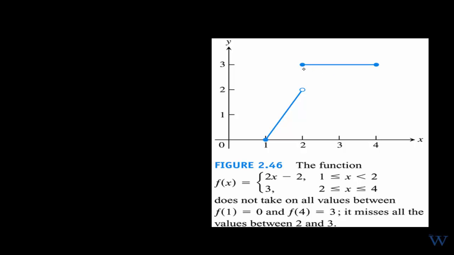But if we have, say, y equal to 2, and it does not even exist because we have a jump right here, so we cannot use the intermediate value theorem on a discontinuous function, because it does not take on all values between f of 1 and f of 4. It misses the values between 2 and 3 right there.